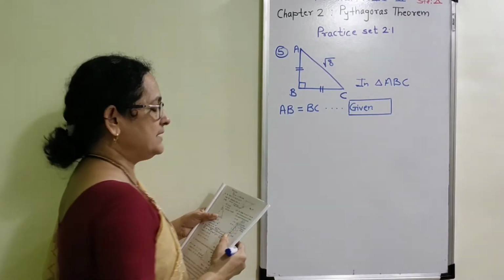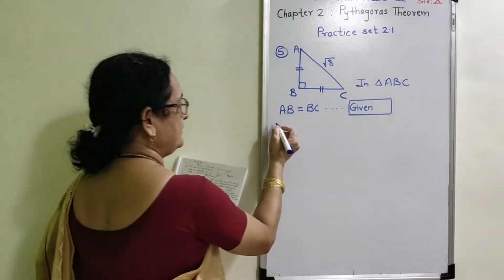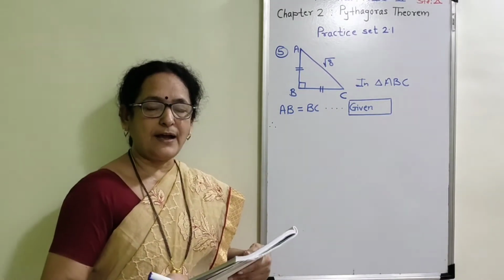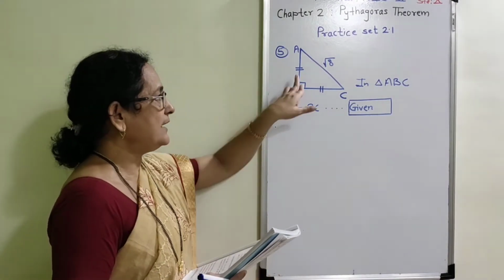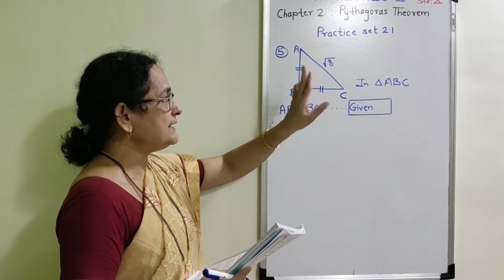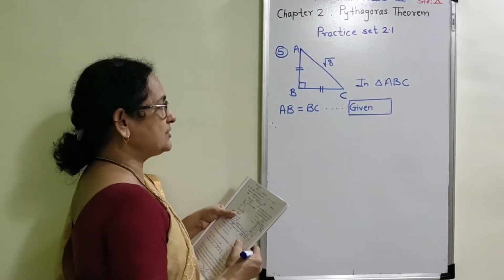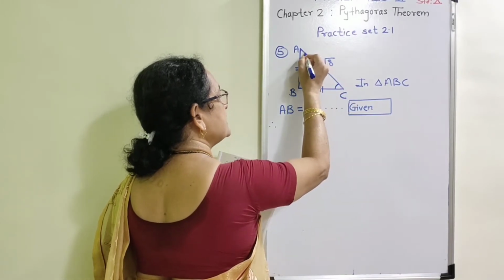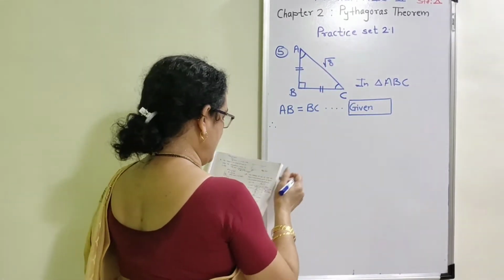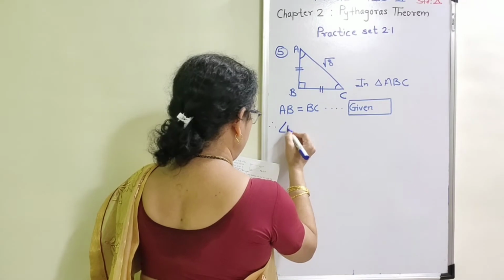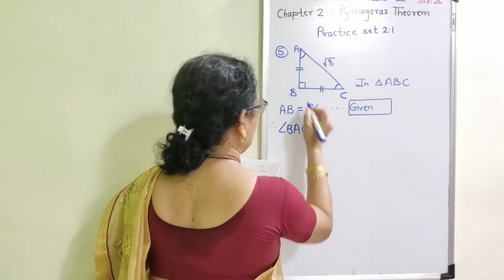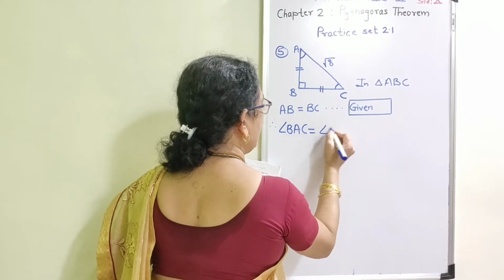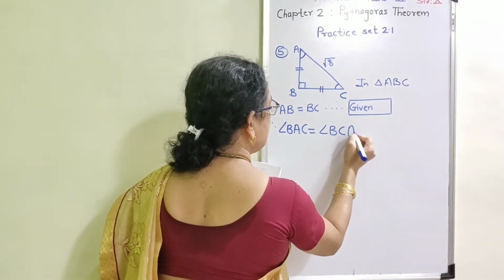AB is equal to BC is given and therefore, in 9th standard we have completed the theorem of isosceles triangle, that when two sides of a triangle are congruent to each other, the angles opposite to those congruent sides are also congruent to each other, and therefore angle BAC is equal to angle BCA.